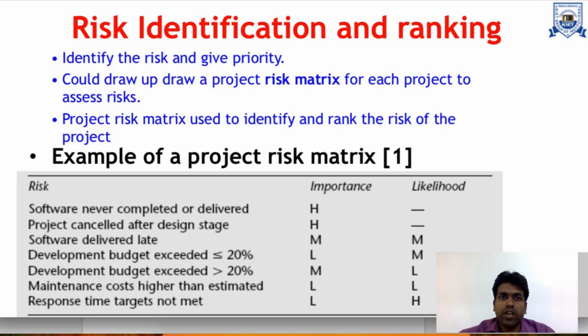Coming to the identification and ranking part of the risk. First of all, we have to identify the risk, as I told you, and then we provide the priority of the risk. Priority is basically how much it is going to affect your project. So we could draw a project matrix for each project to assess the risk. We can make a risk matrix, and in this risk matrix we can provide the weightage or ranking of the risk.